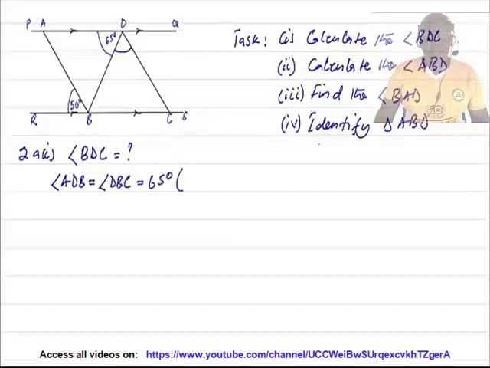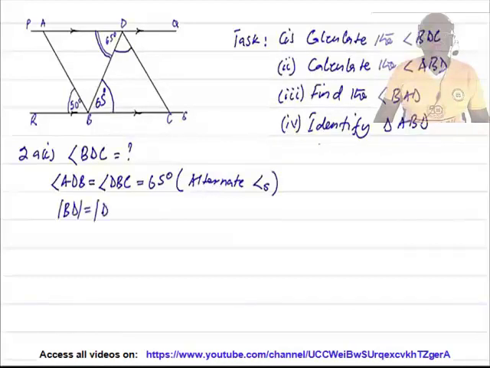The reason being that they are alternate angles. We have also been given that the magnitude of BD equals magnitude of DC. This equals this, and therefore triangle BCD is an isosceles triangle.